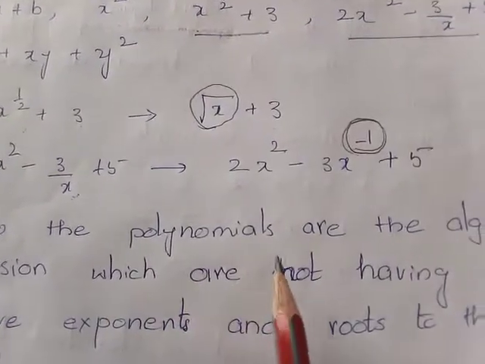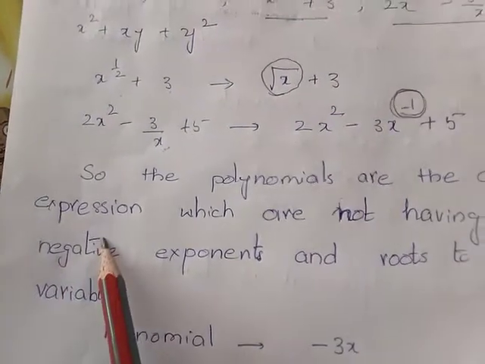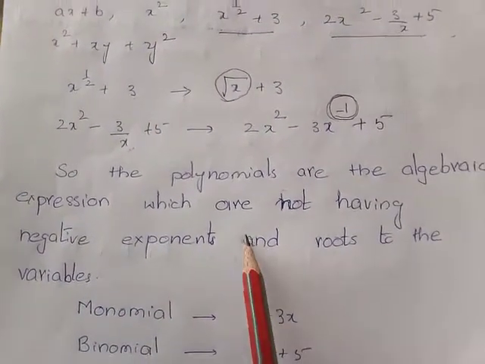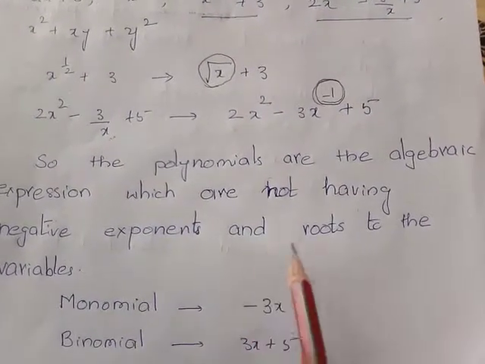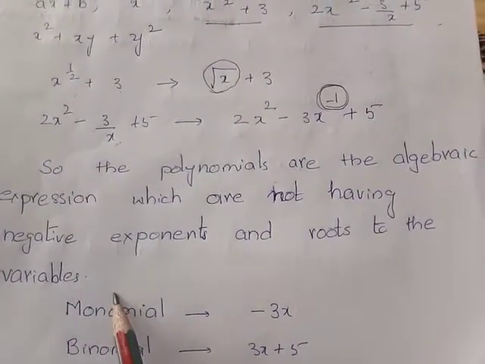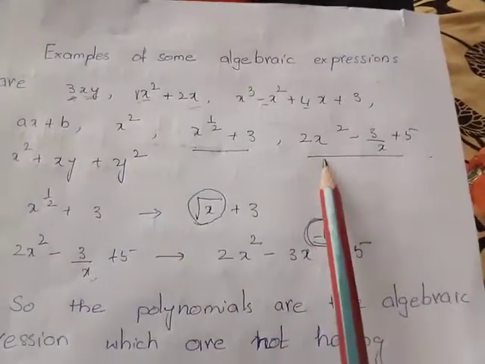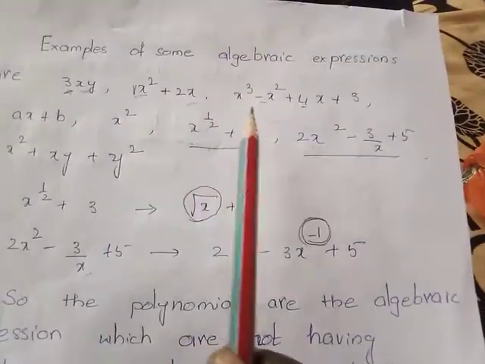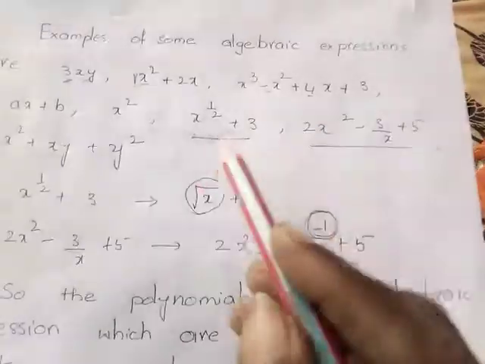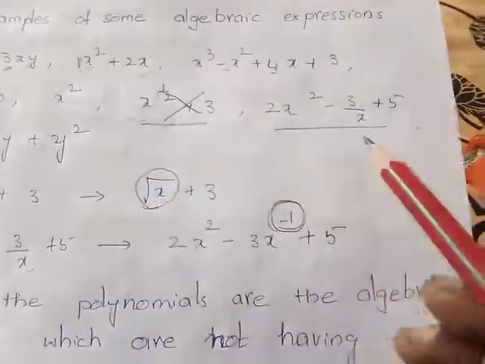So, the polynomials are the algebraic expressions which do not have negative exponents and roots on the variables. When you are taking these algebraic expressions, the variables, these x and y, should not have root terms and there should be no negative exponent.